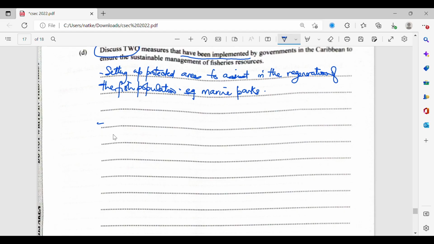They have educated the stakeholders and the public relating to the benefits of preserving the fish. They would have had fishermen's cooperatives, they would have met with these fisher folks, and they would have done some educational campaigns where they would have explained to them why it is necessary for the fisheries resource to be maintained.